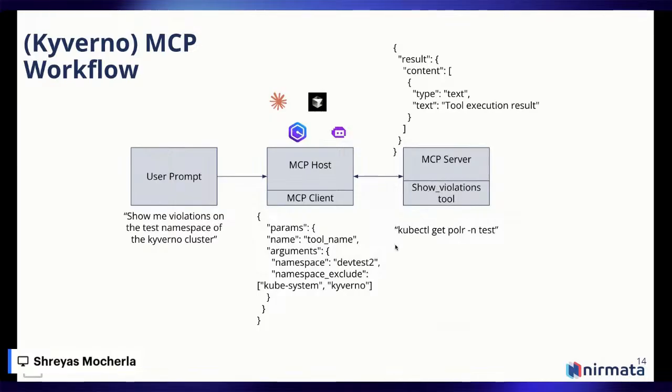I oversimplified it by saying it's a very simple kubectl get pods -n test, but in reality, you saw in the GitHub repo that it's a lot of backing code to simplify the result that this spits out right here, right? So there's a lot more that goes on from this command. And finally, that's fed back to the MCP server, which says, okay, I ran this tool, and here's the tool call, here's the result.